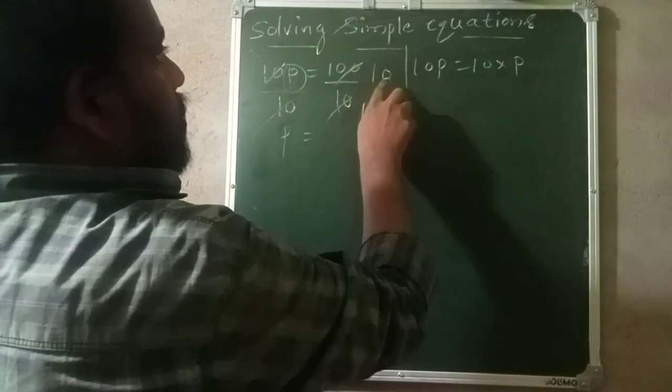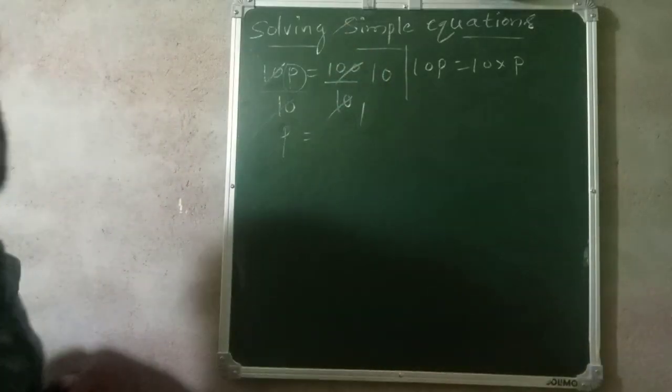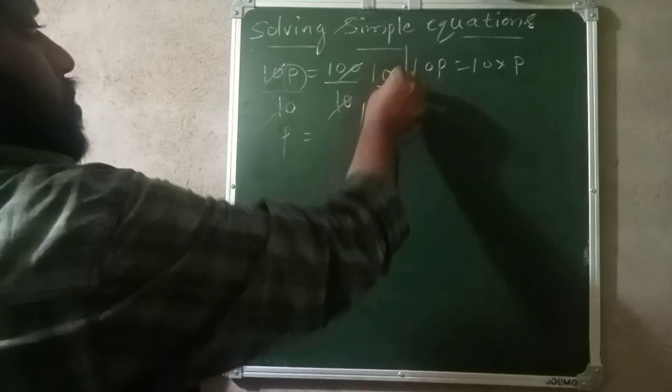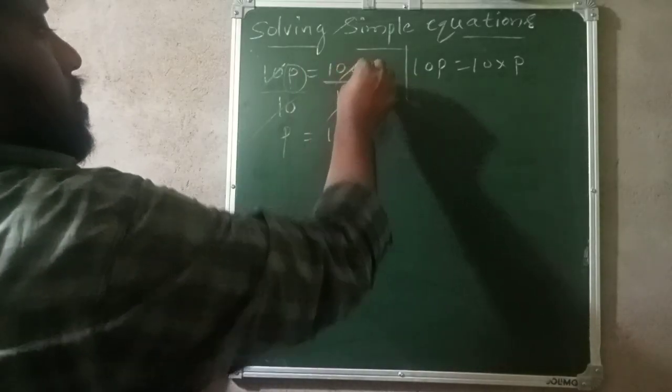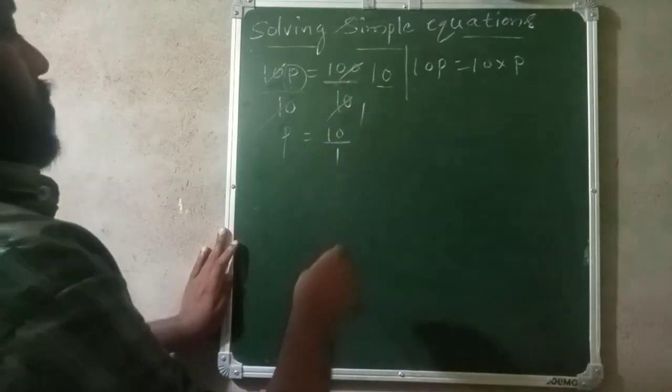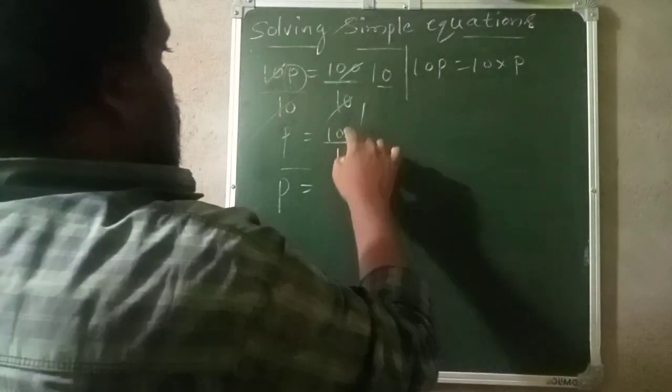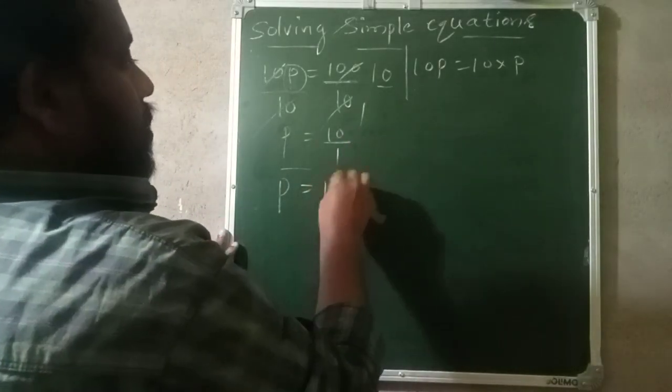Like that we have to divide. Next, what is left? 10 over 1. Next step, write p is equal to 10 divided by 1 is 10 only.